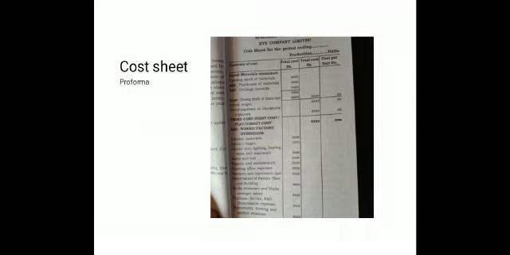To that direct cost you add the factory overheads. Under factory overhead you mention the indirect costs: indirect materials, indirect wages, and the expenses relating to the factory.